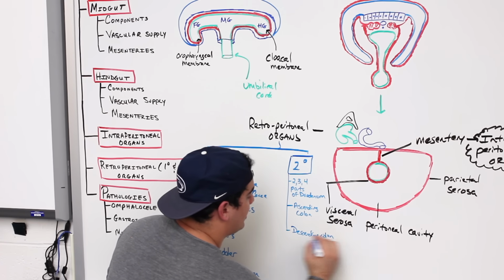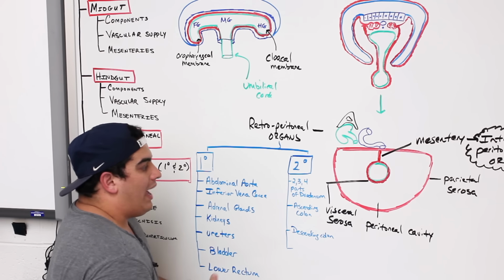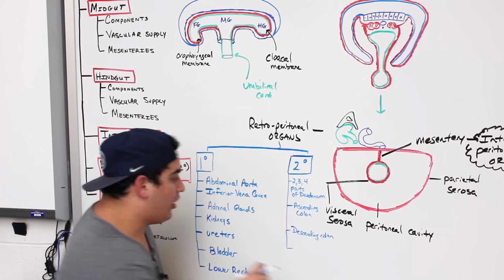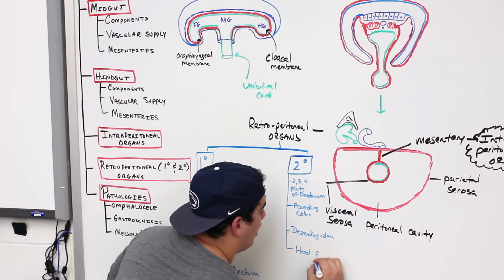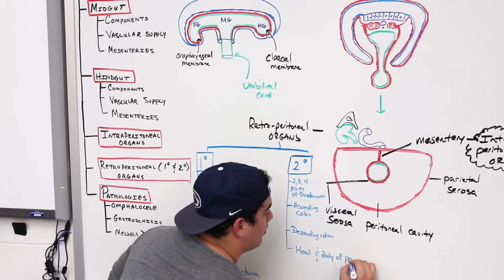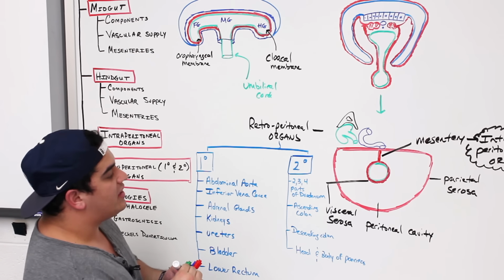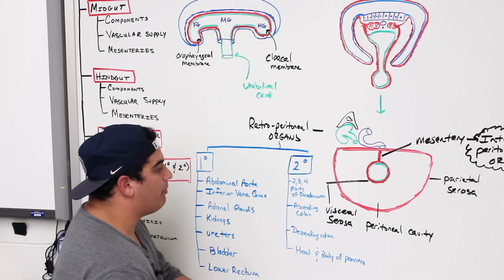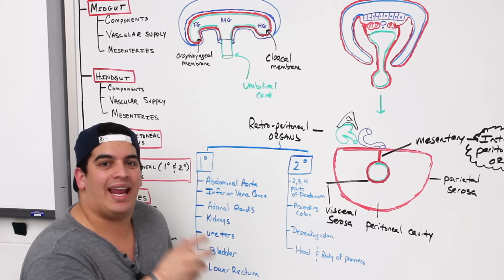Now, if we talk about some accessory structures right around the duodenum, you have the head and the body of the pancreas. So we also have the head and the body of the pancreas. All righty. So these are going to be secondary retroperitoneal organs, but there's also going to be some other structures that we can include in there, but I'm just trying to get the main ones here, okay?